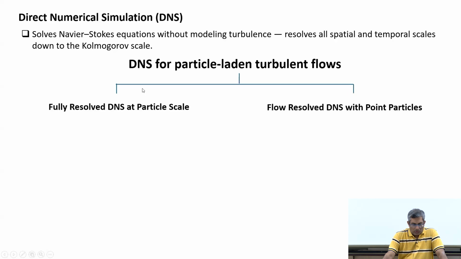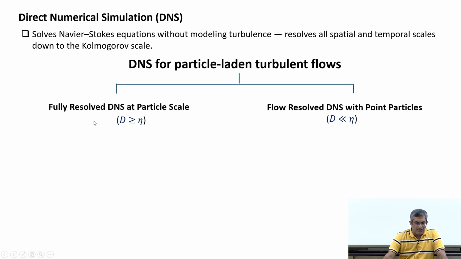One is called fully resolved DNS at the particle scale. The other one is called flow resolved DNS with point particles. For these two scenarios, we have different approaches.